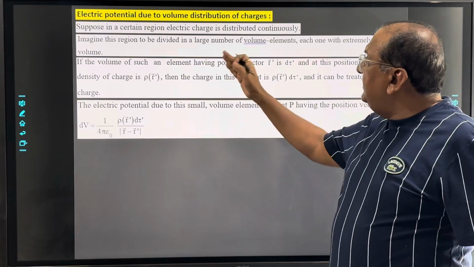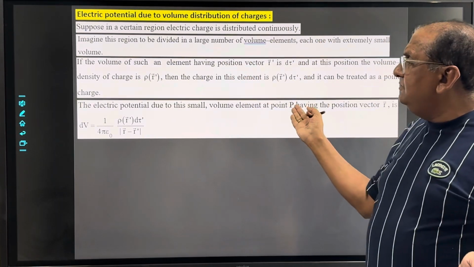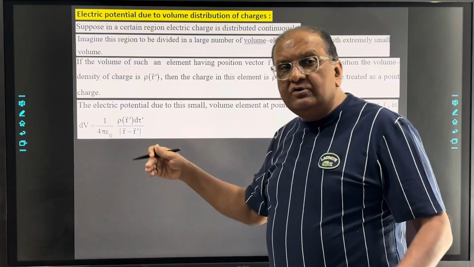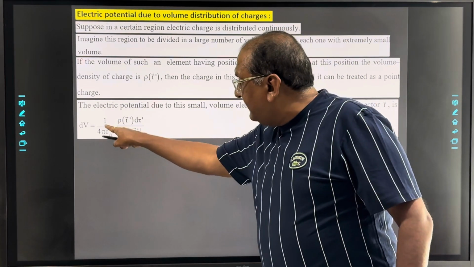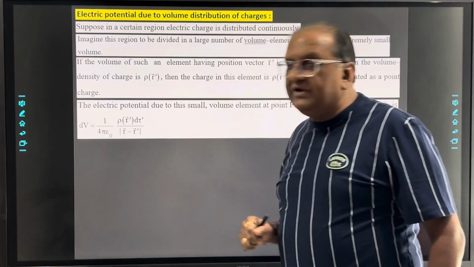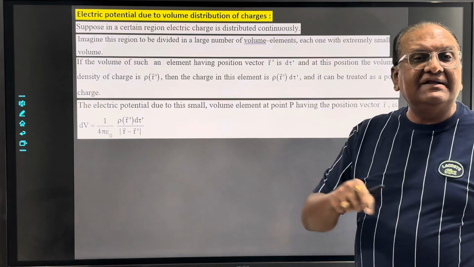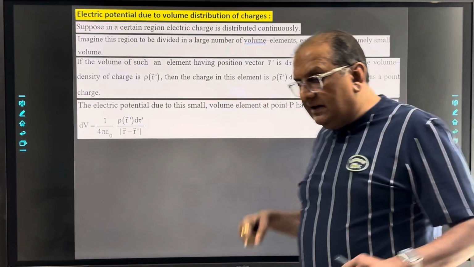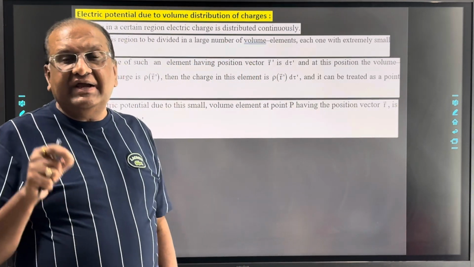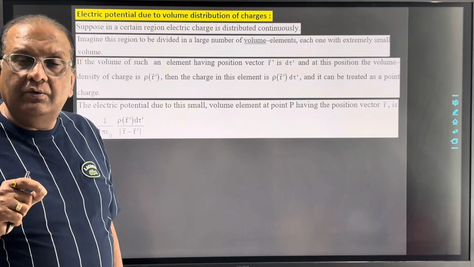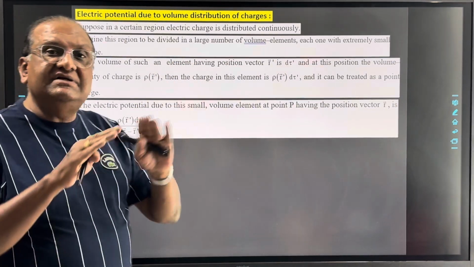Now if the entire charge distribution is divided into so many small volume elements, and we find the potential like this for each one, and then take the summation. But here the volume elements are very small, we can consider them tending to 0, and the distribution is continuous.